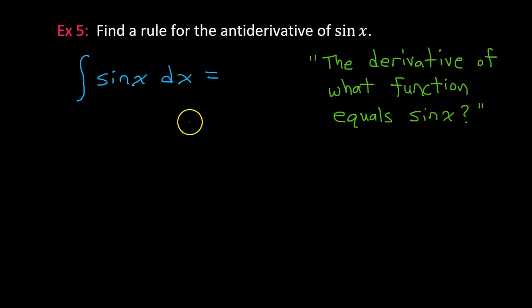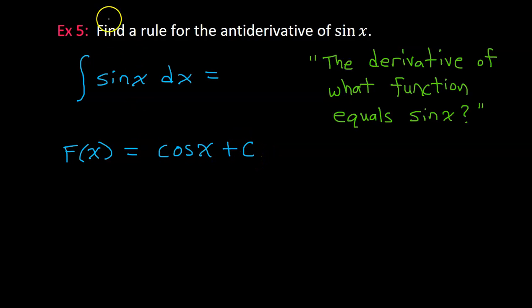So you should be asking yourself, the derivative of what function equals sine x? We know that sine and cosine are very closely related when it comes to derivatives. So let's make our first guess. F of x equals cosine x plus c. Let's go ahead and add on the constant of integration.